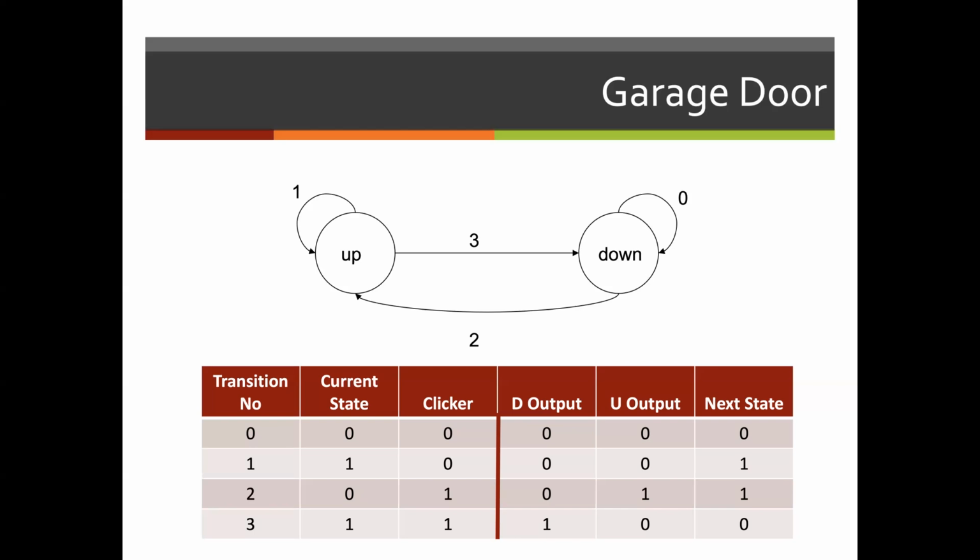This transition goes from the garage being down to the garage slowly coming up, and then finally being in the up position. Transition 3 provides for a state change from the garage being up to transitioning to down. So this represents a logical design for the sequential circuit, given these state transitions.